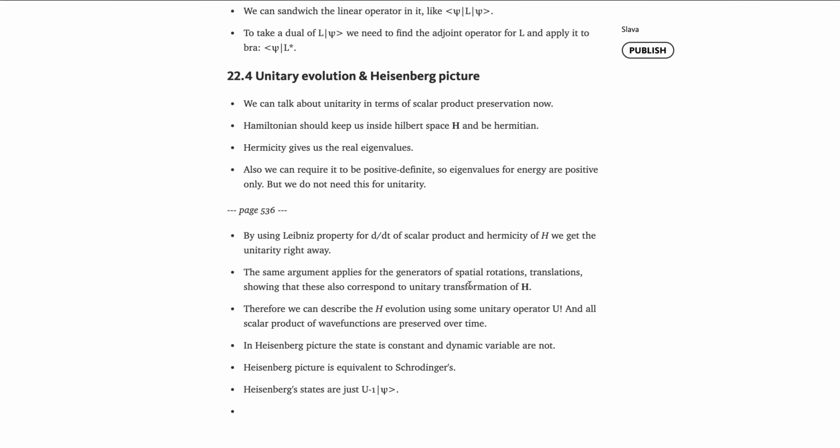Yeah, and in terms of the observables, it might be helpful to put the bra Heisenberg states as well. In the bra case, it will be bra psi and then U. So the U inverse goes with the ket and U goes with the bra.